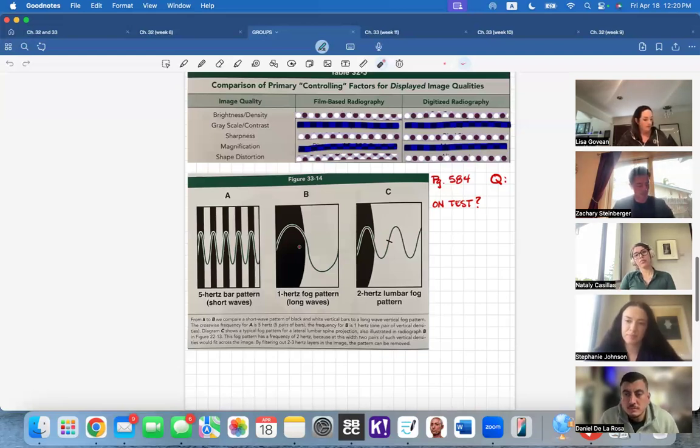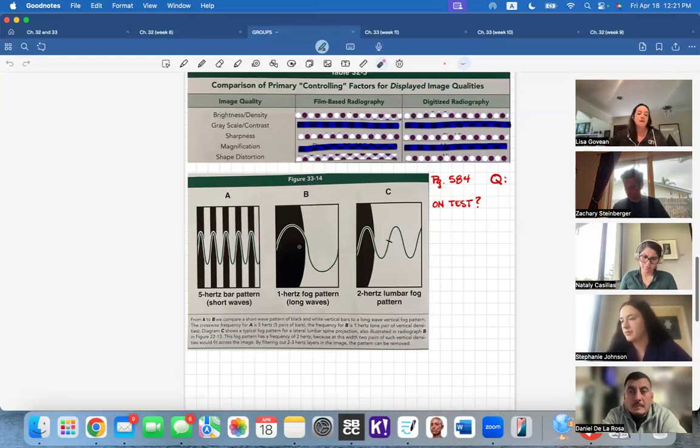I think it's just built in through frequency processing. Is it something that we can control? It's something that just automatically happens, and if it data clips, it data clips, based on the exam that we've chosen. So it wouldn't be on all, but it would be included in the lumbar spine, whatever they're talking about in this section of the book. That makes a lot more sense. I didn't think about that.